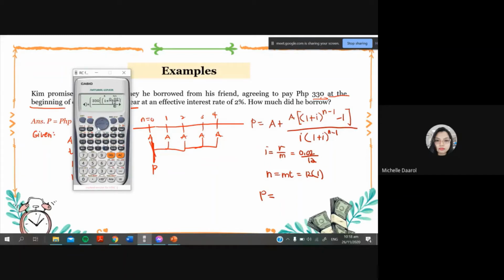And then 0.02 divided by 12 times 1 plus 0.02 divided by 12 raised to 12 minus 1.